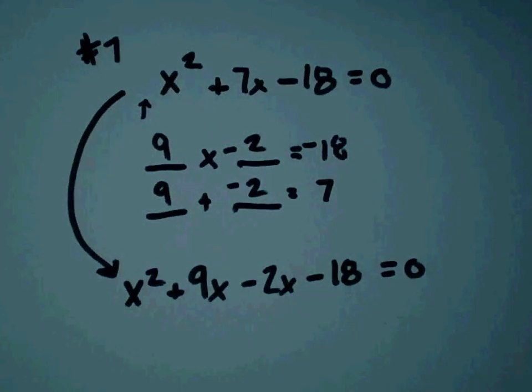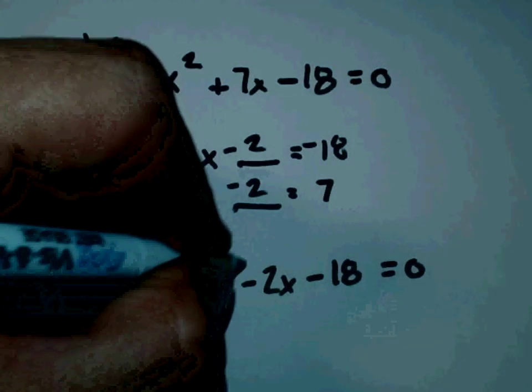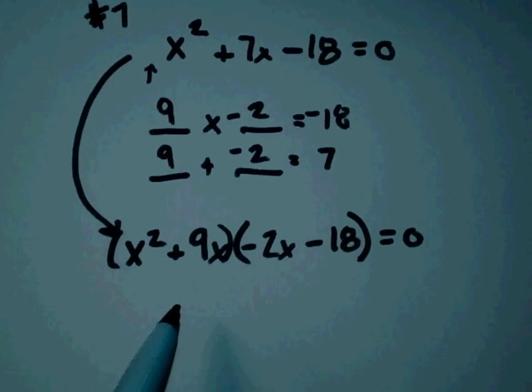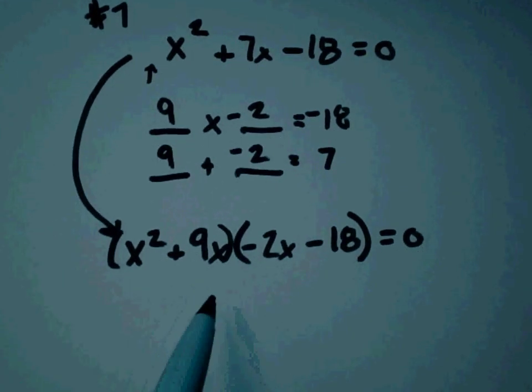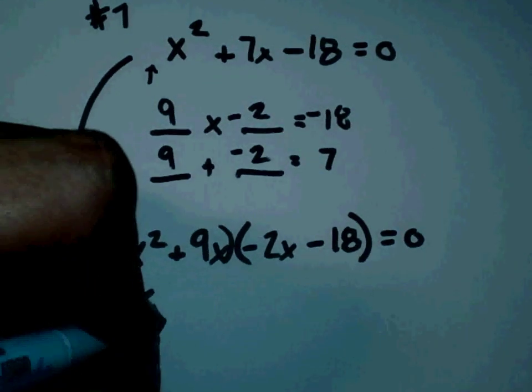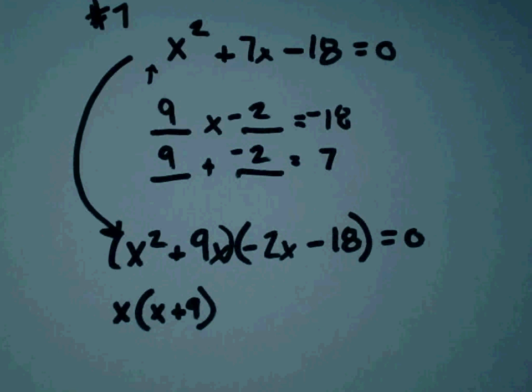And now that I have an even number of pieces in here, those are my groups. So what's the GCF in this one? X. So x plus 9 is left when I pull out an x.